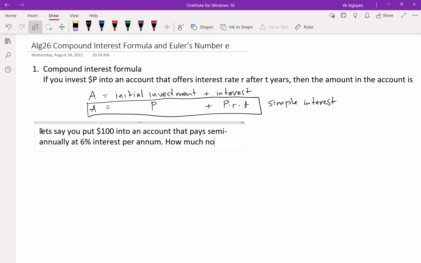How much money do you have in the account after 1 year?